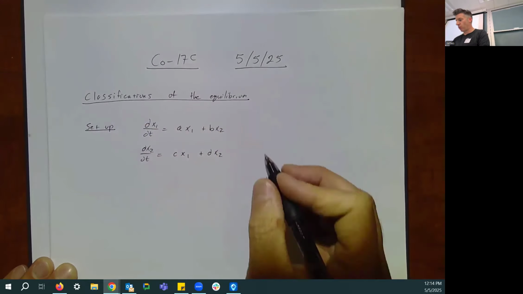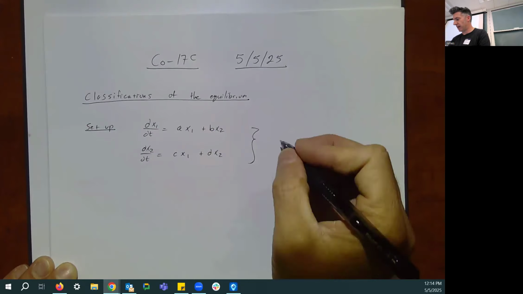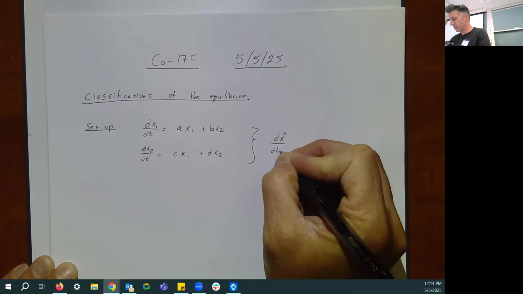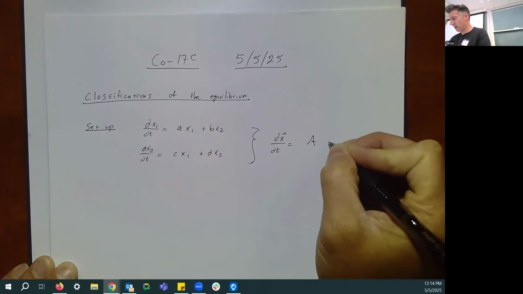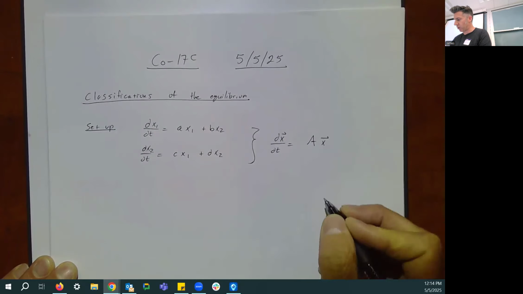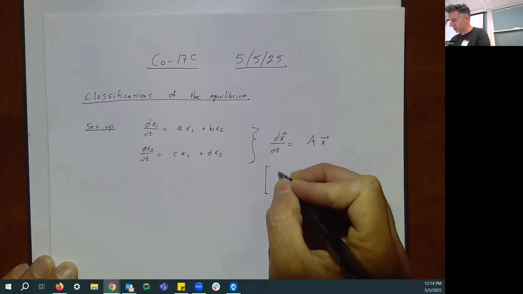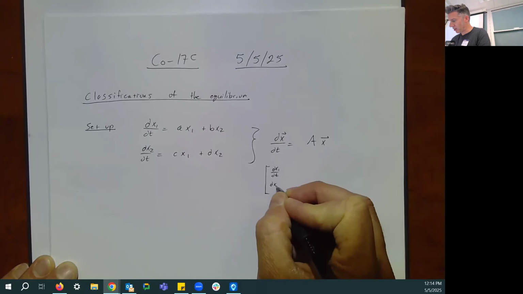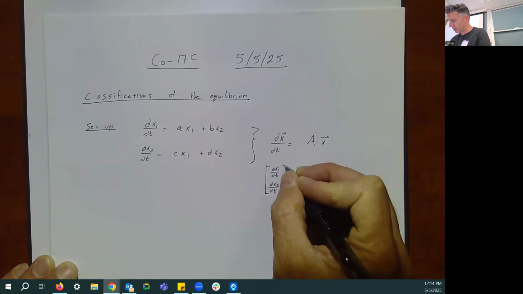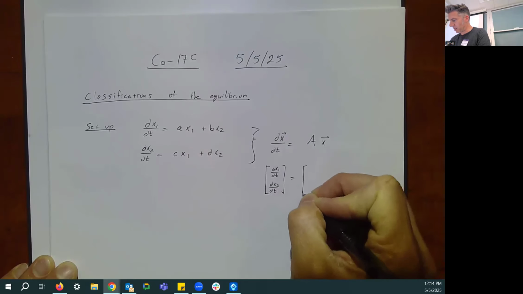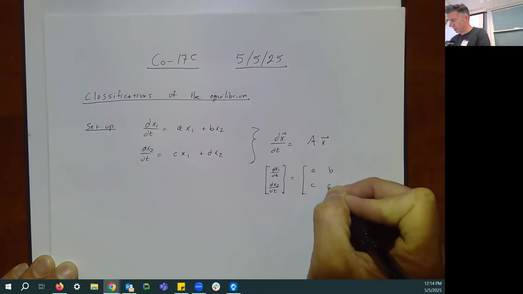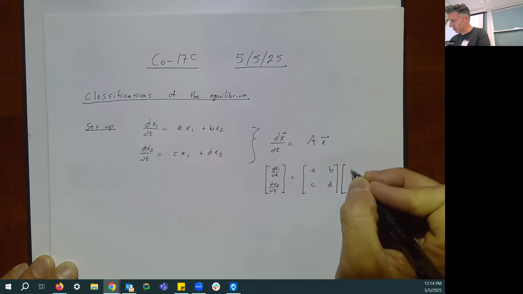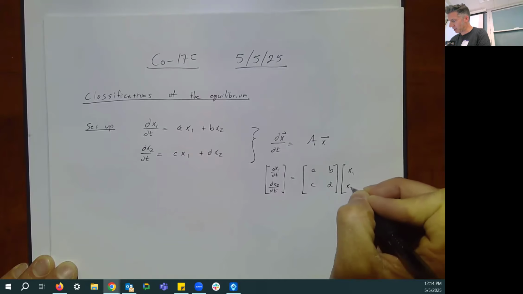You can rewrite this system as the derivative of the vector x equal to the matrix A times the vector x, or written as vectors, the derivative of x1 with respect to t, the derivative of x2 with respect to t, equal to the matrix A, B, C, D, where A, B, C, and D are all just constants, times the vector x.